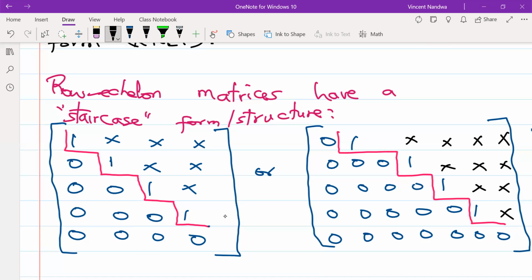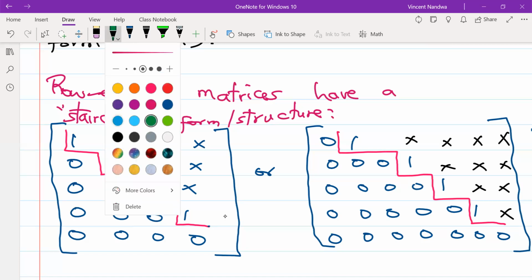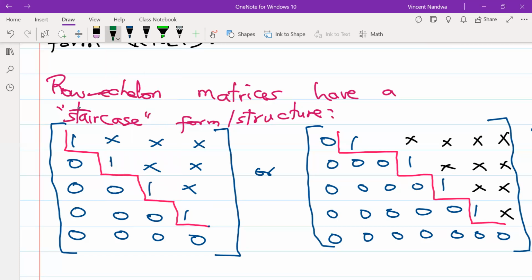So when you change everything here to zeros, then you produce what we call the reduced row echelon form of the matrix, if you change all these spaces to zeros.